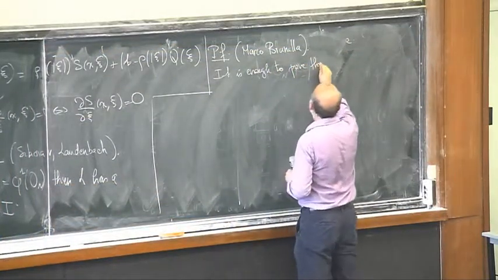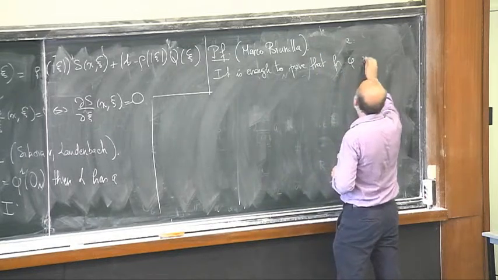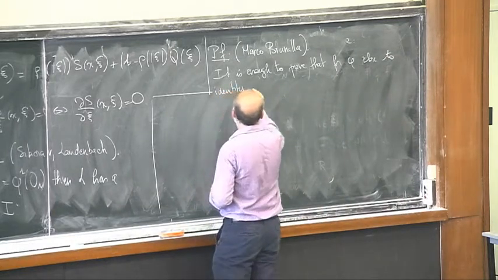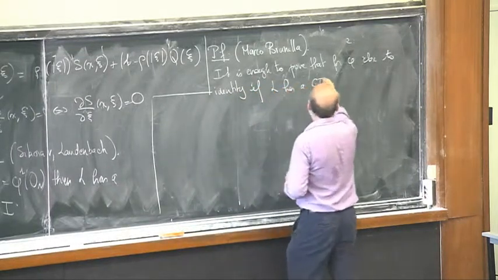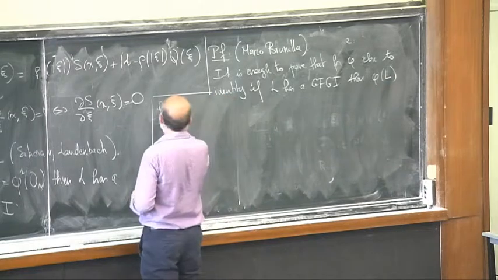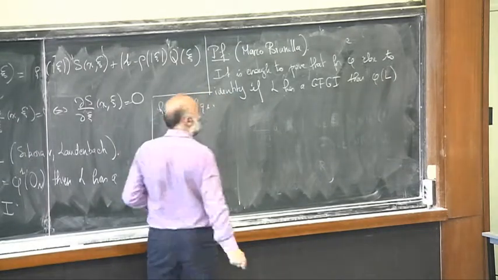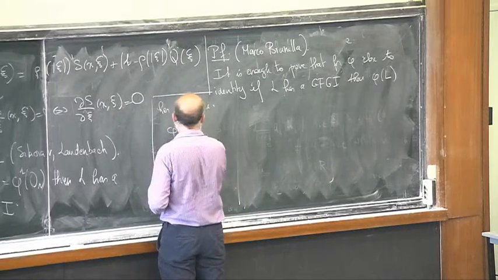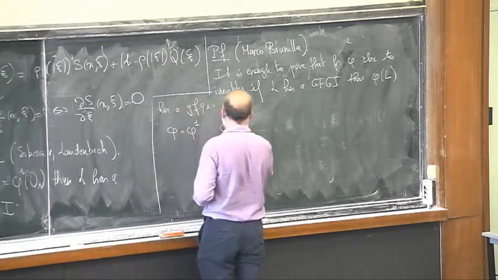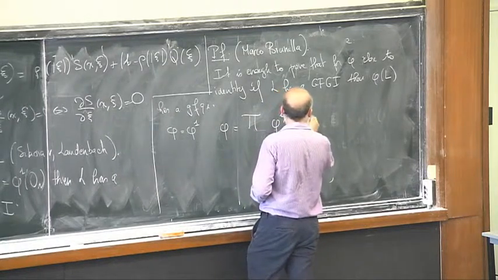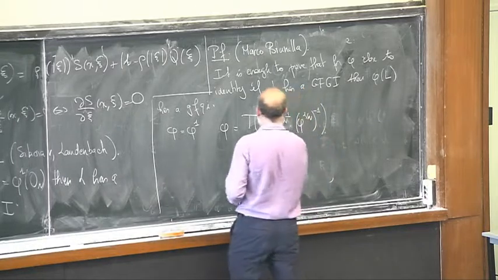So it's enough to prove that for phi close to the identity, if L has a generating function quadratic at infinity, then phi of L has also a generating function quadratic at infinity. Well, why is that? Well, because if phi is phi 1, you can always write phi as the product of phi (i+1)/n composed with phi i/n inverse.